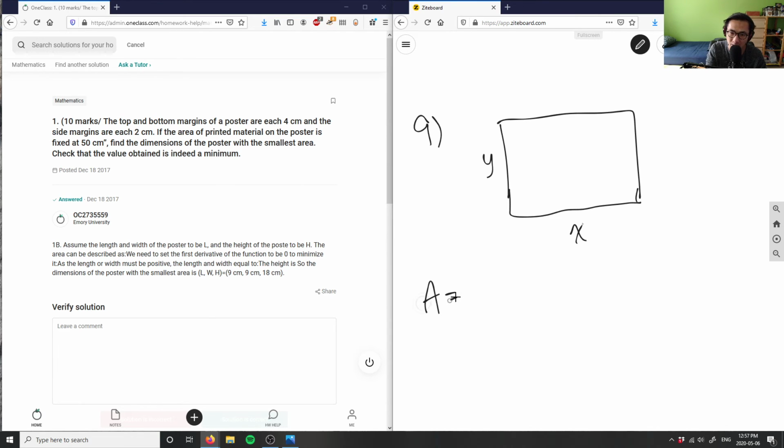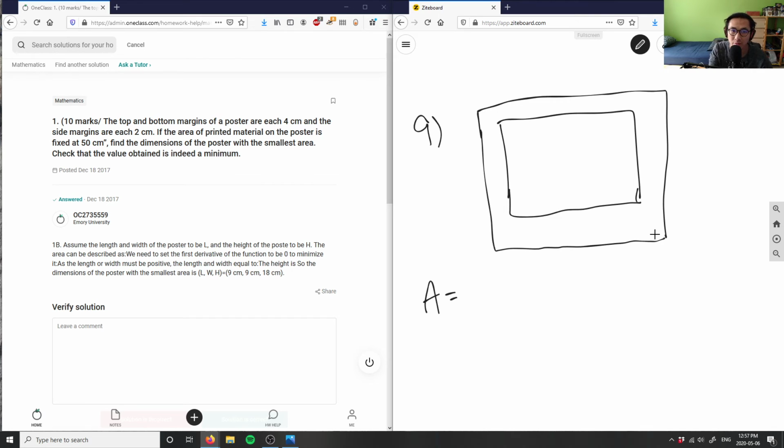Our area of a poster has to equal X times... I think I have two things actually, so give me a second. I think I have a margin here, so I have a rectangle within a rectangle. This makes a lot more sense, again, it's a lot easier with a diagram.